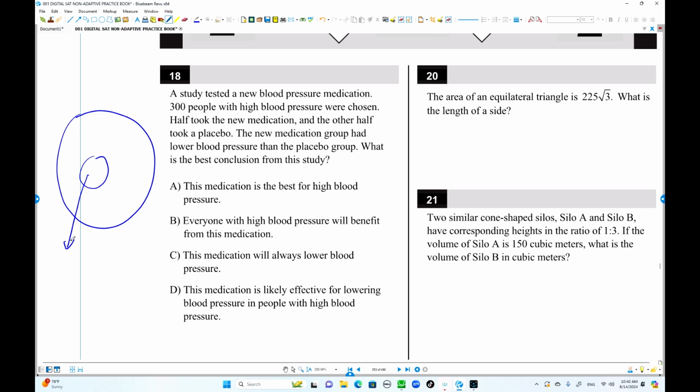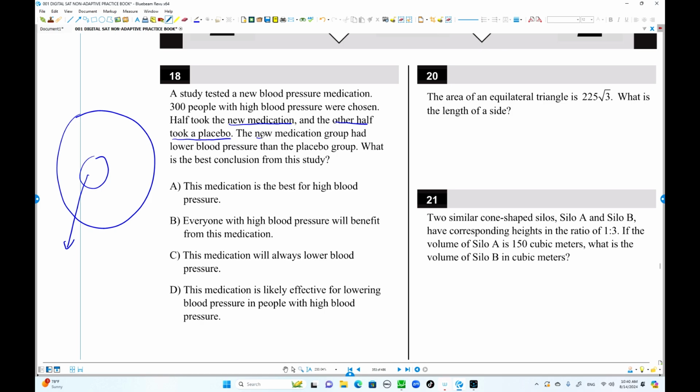Okay, we can just say, we can guess, very similar to this data, not exactly equal. That is statistics. Okay, all right. So over here, 300. That's the sample, right? But half of that over here, new medication, half is what?